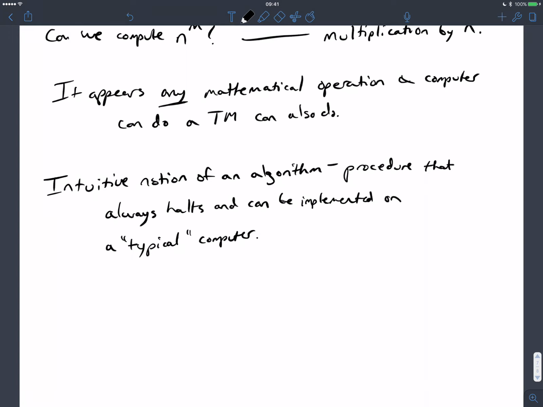So we'll talk about encodings in a second, maybe. But the idea of if you have a fixed encoding, let's say IEEE 32-bit, whatever, then there's a procedure that always halts. So like anything that may take an infinite amount of time, that's not an algorithm. Well, you're jumping from mathematical operation to algorithm.